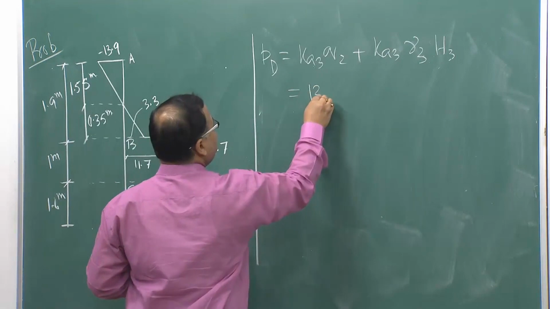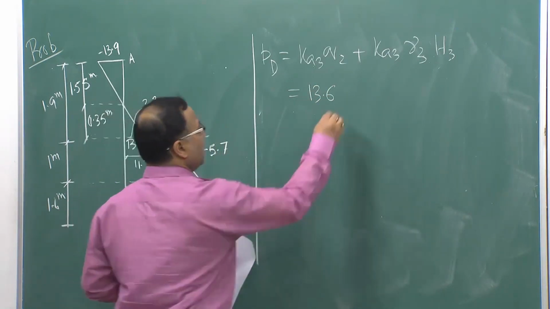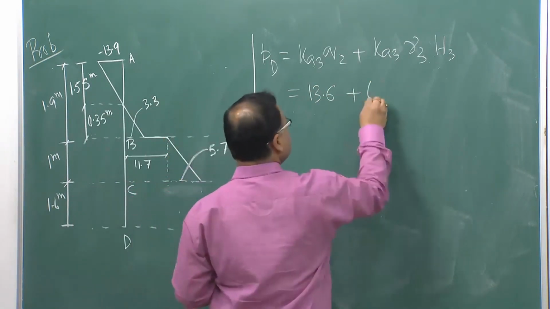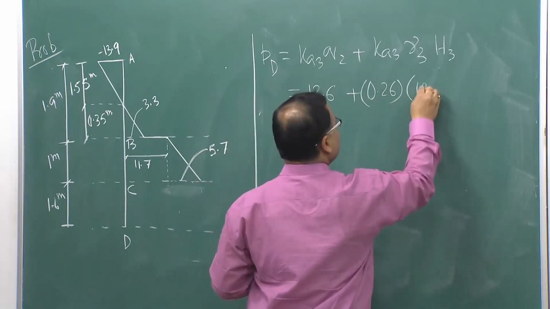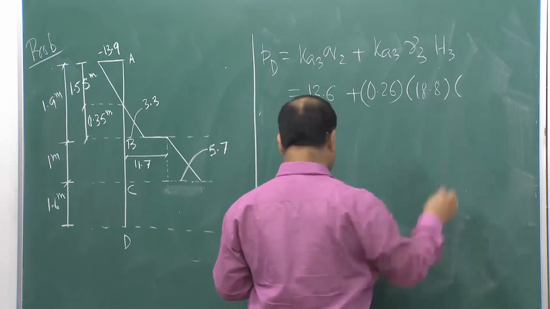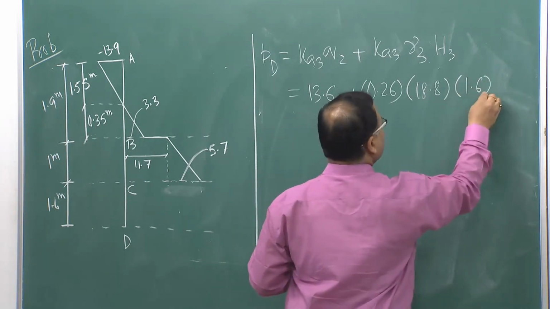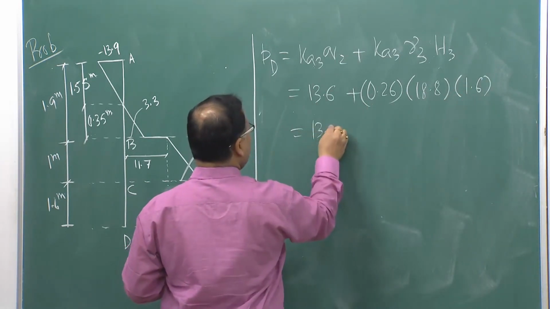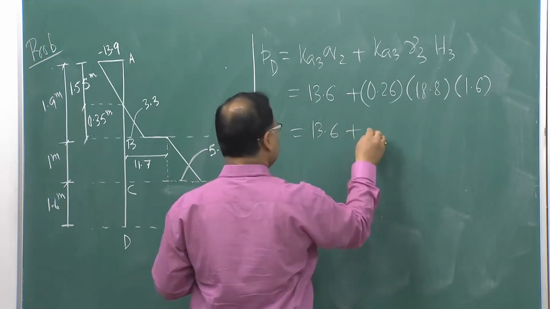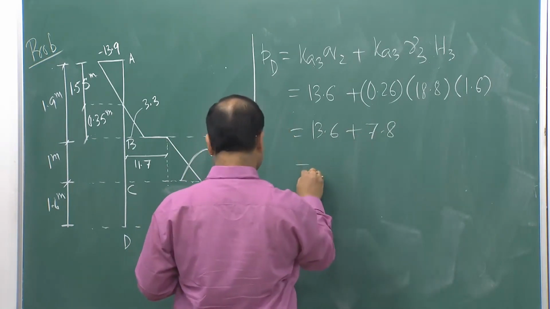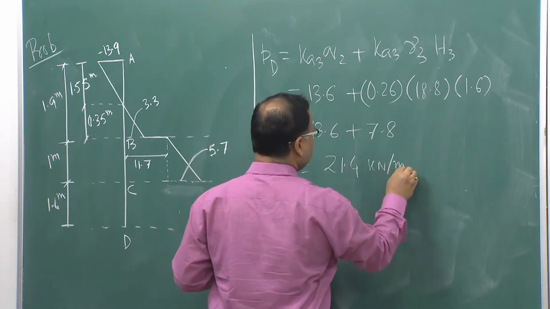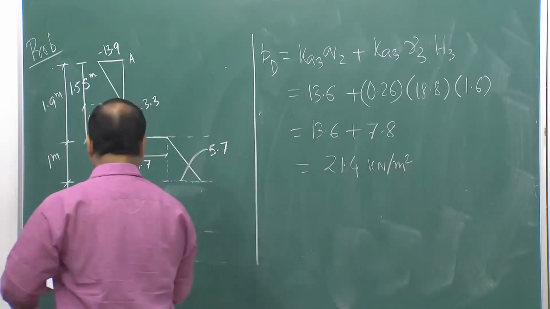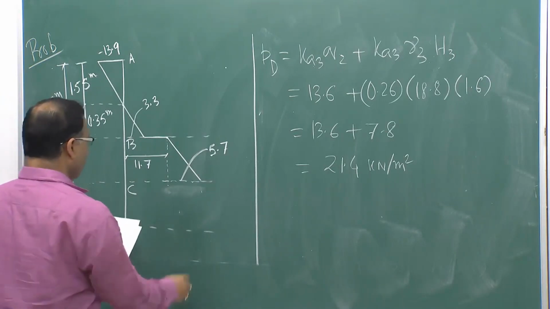So, that is nothing but 13.6 plus Ka3 is 0.26, gamma 3 is 18.8 and H3 is 1.6. That gives me 13.6 plus 7.8 and total is 21.4 kilonewton per meter square. So, therefore, I can complete the figure now.